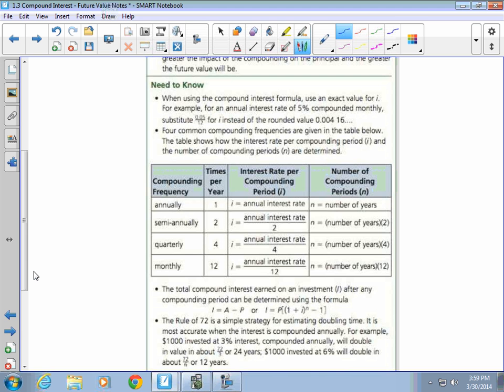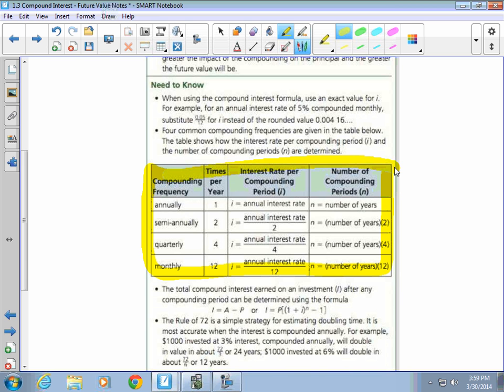Four common compounding frequencies are given in the table below. The table shows how the interest rate per compound period and the number of compounding periods are determined. So this is just a nice little need-to-know for you, summed up nicely.